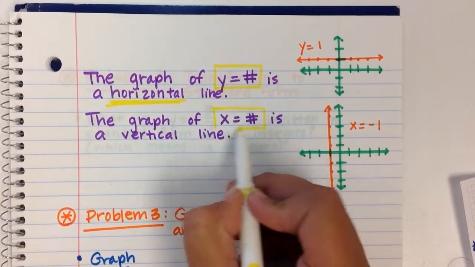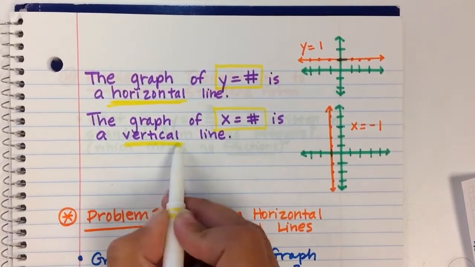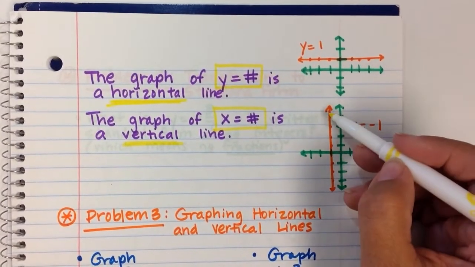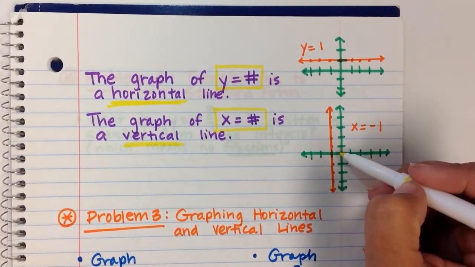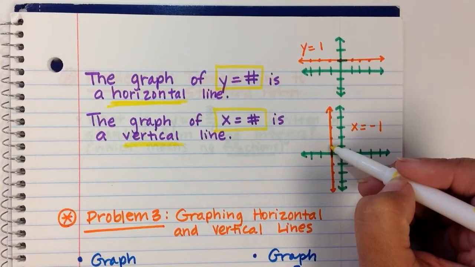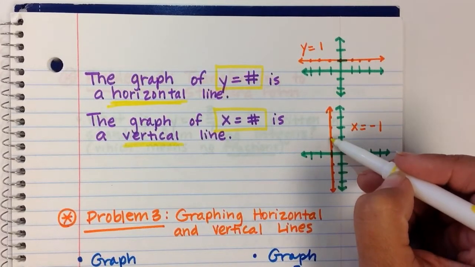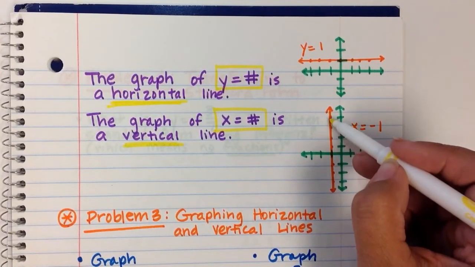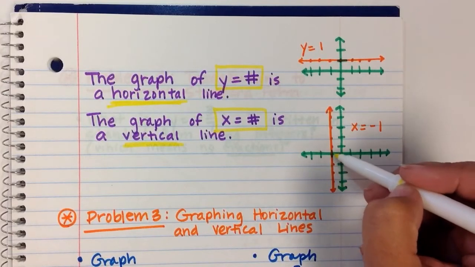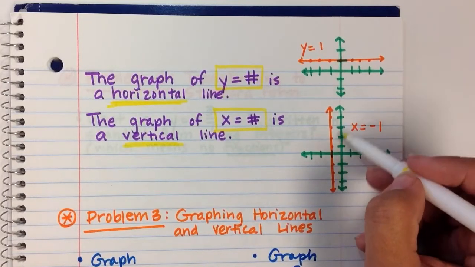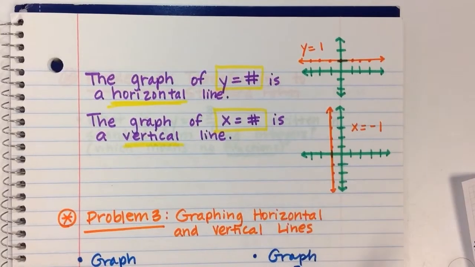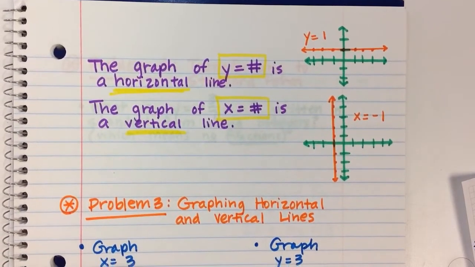The graph of x is equal to any number is a vertical line. That's because if I graph a vertical line and I have (negative 1, 1), (negative 1, 2), (negative 1, 3), (negative 1, 4), (negative 1, negative 1), (negative 1, negative 2), in every one of these, the x value of all of those ordered pairs is negative 1.